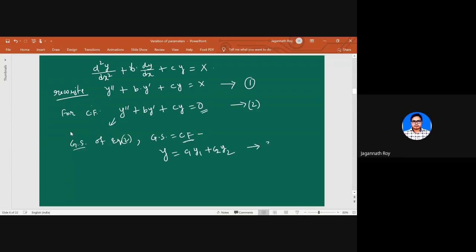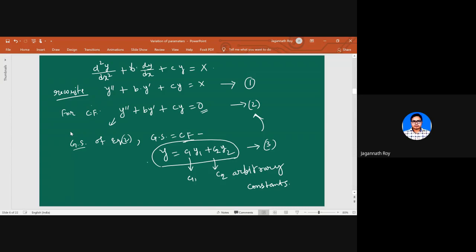Let us call it 3. Note that this is the CF. So this is a general solution of equation 2 where c1 and c2 are arbitrary constants.